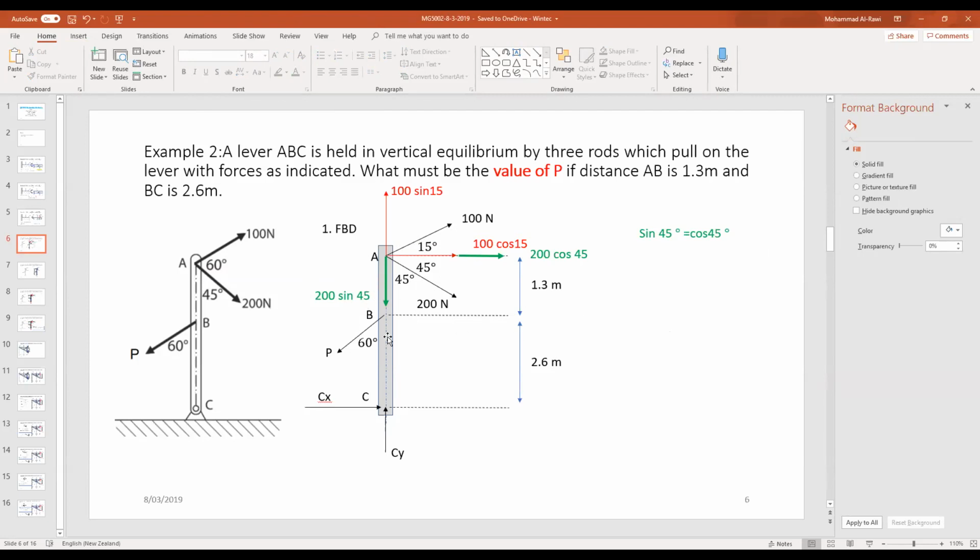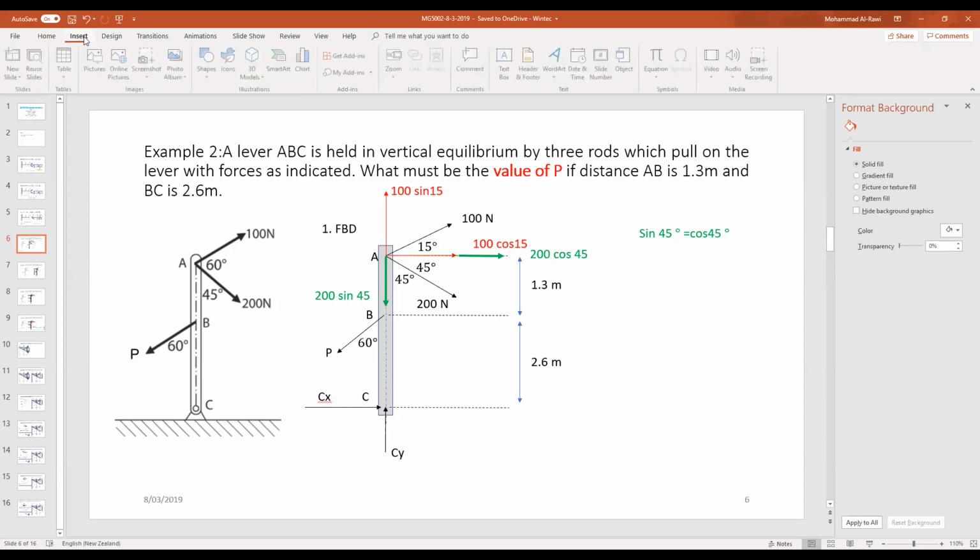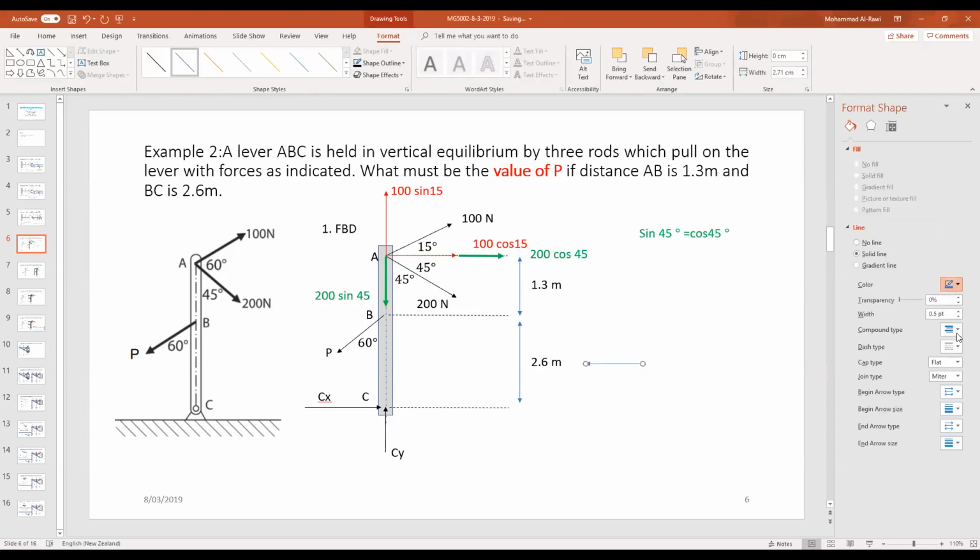Now what's missing is the component analysis for the force P, the one we're trying to find. So I go and try to draw another arrow. I would just do it here, and I would give it maybe this color, and I'll try to make it easy to see.